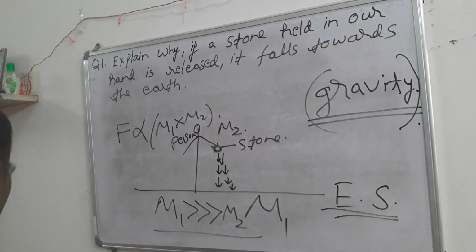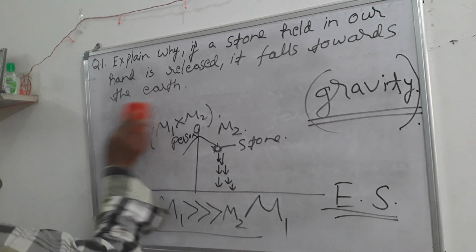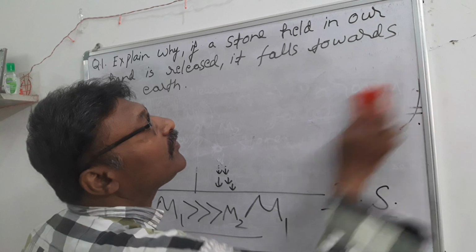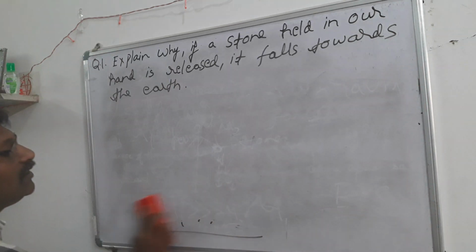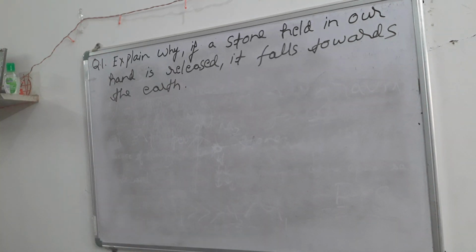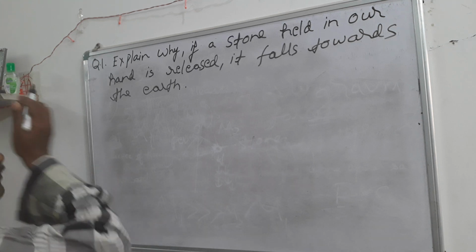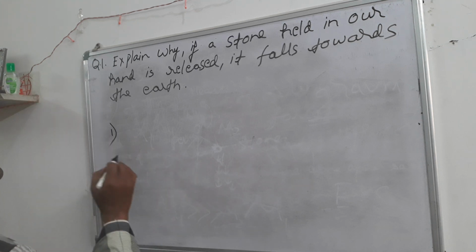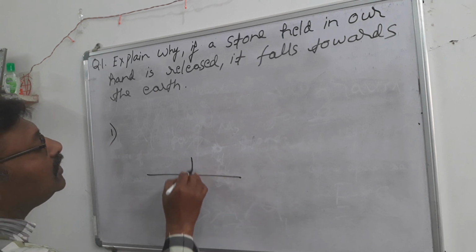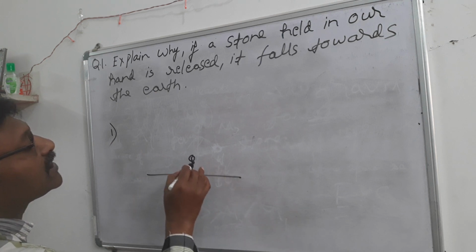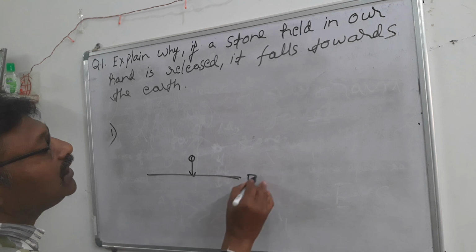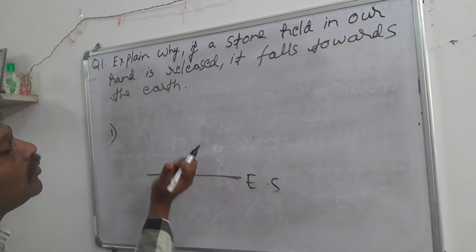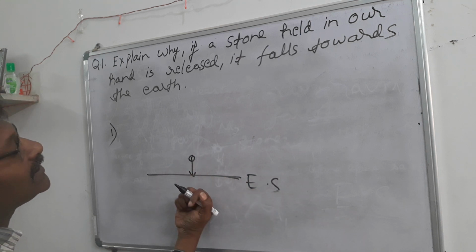The second is the significance of the gravitational force. Now the gravitational force has various significances. Number one, because of the gravitational force we are on the earth surface. Suppose this is the person and the person is on the earth surface, because the earth holds the person downwards always.